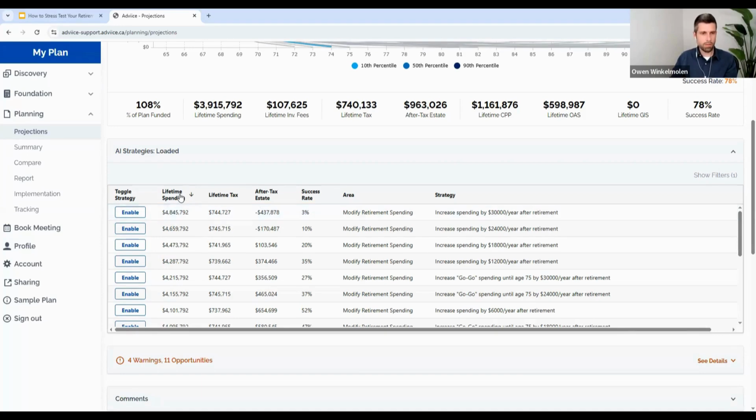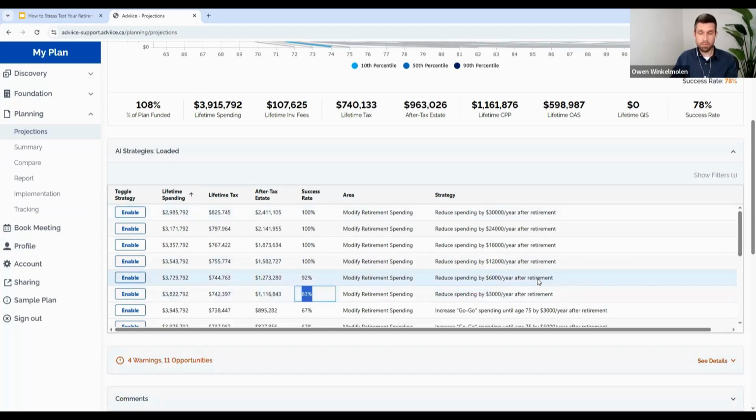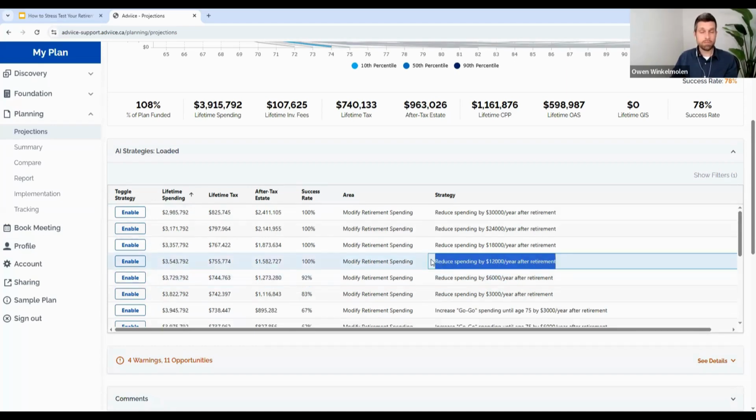Increase retirement spending. We want to look at decrease. And so 3,000 is not enough. That only gets them to an 83% success rate. Reducing spending by 6,000 is pretty good, 92%, but still an 8% chance of running out of money. It seems like reducing spending by 12,000 a year is all it would take to get this plan to a 100% success rate based on historical stock returns, bond returns, and inflation rates.